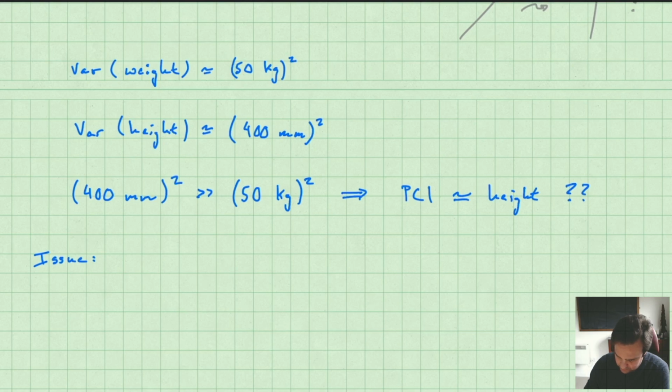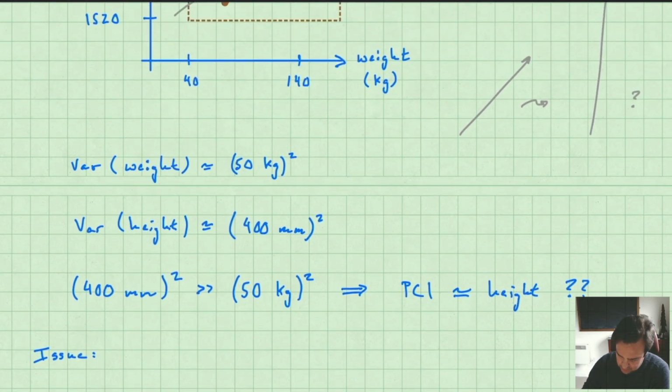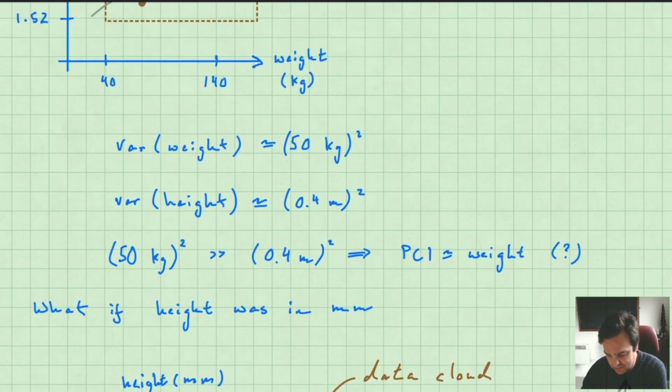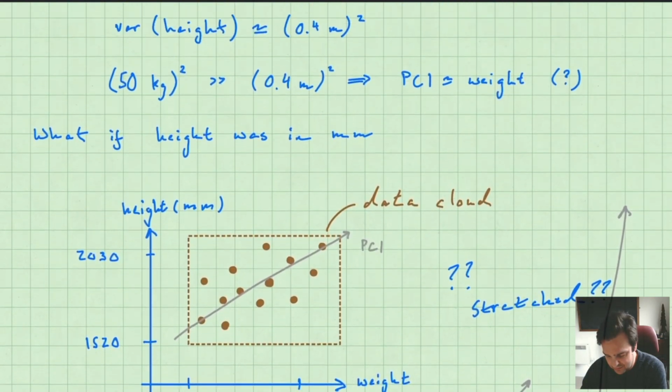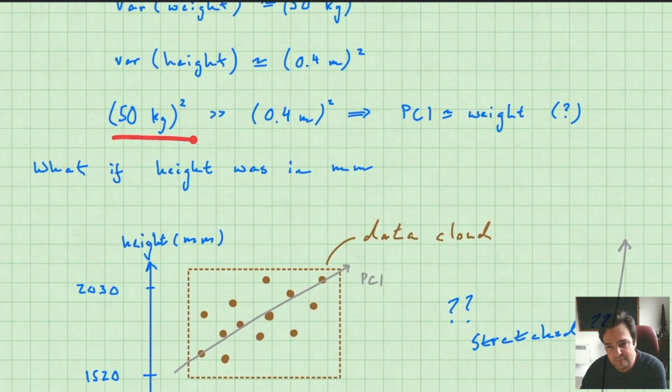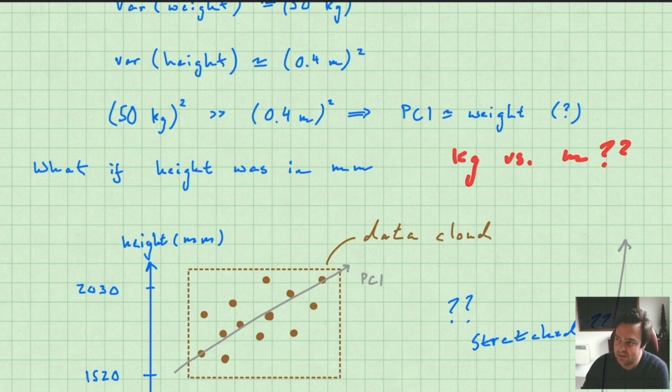And also here, right? So what does it mean to say that 50 kilograms is bigger than 0.4 meters? It doesn't even make any sense. A kilogram isn't bigger than a meter. 1 kilogram isn't equal to 1 meter. They're different things entirely.